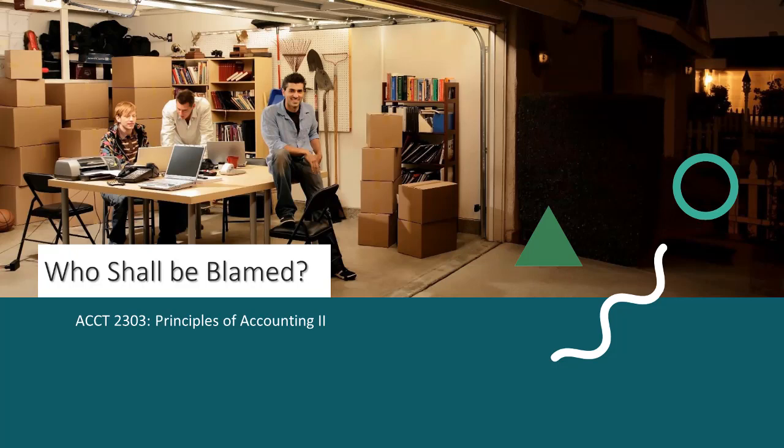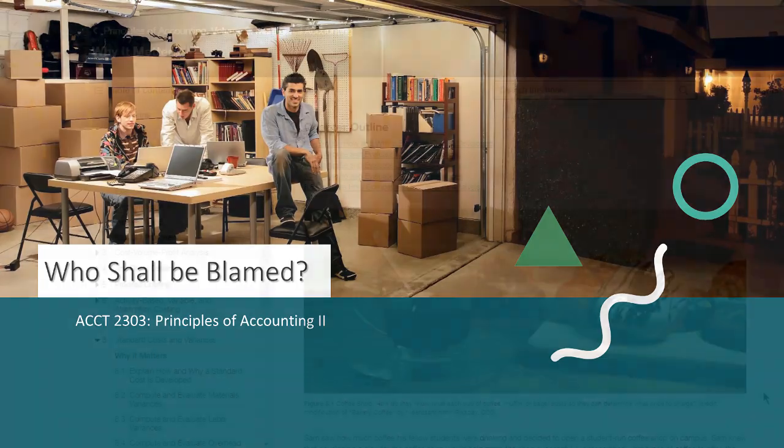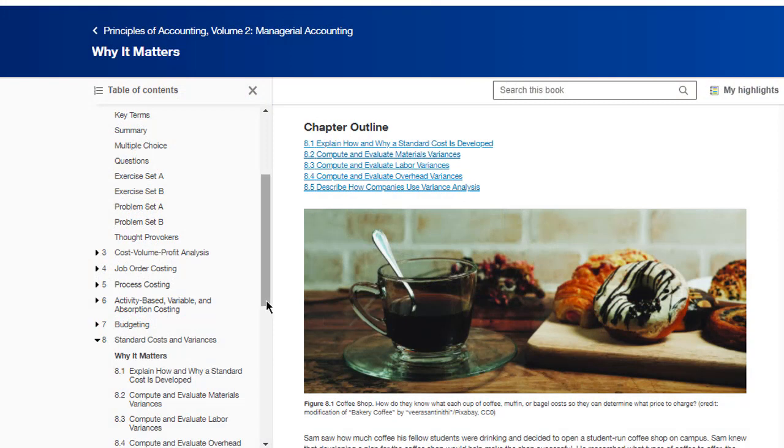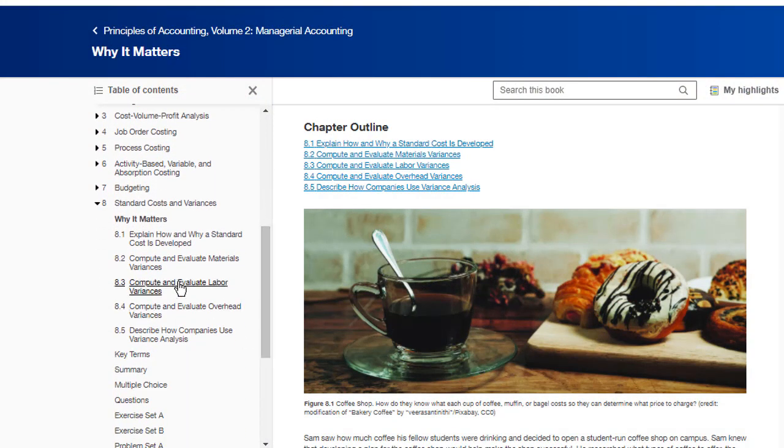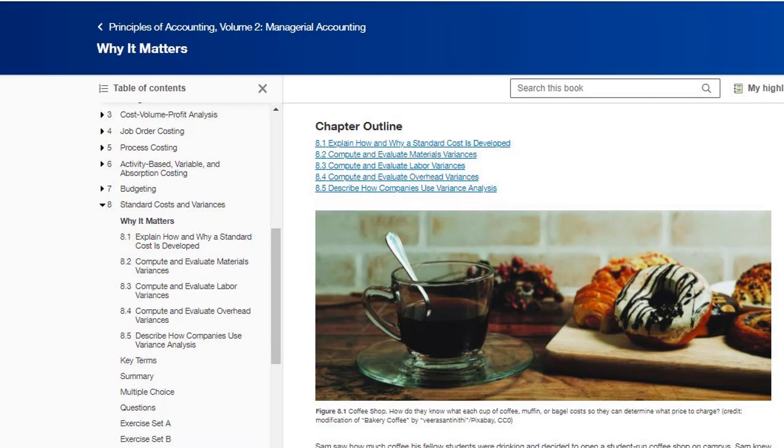Okay, so what is this error? And what is variance analysis all about? Let's go to Chapter 8, specifically subsections 8.2 and 8.3, which represent computations of materials variances and labor variances.